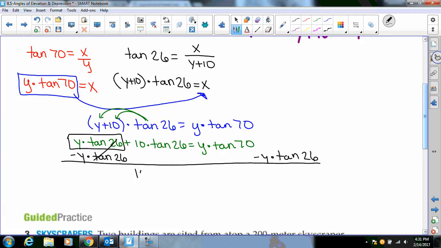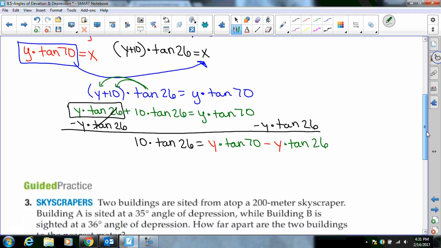Okay, so I'd be left with 10 times the tangent of 26 is equal to y times the tangent of 70, and then minus y times the tangent of 26. And so if you're looking at this, you should see that they have, over here, they have something in common.